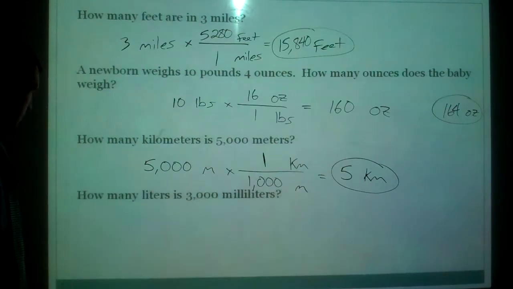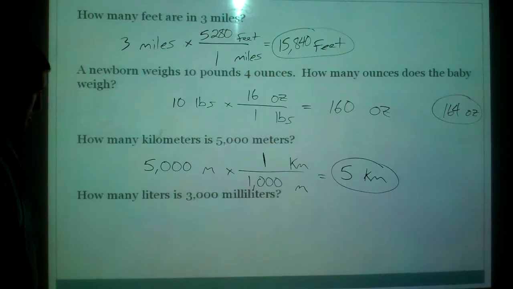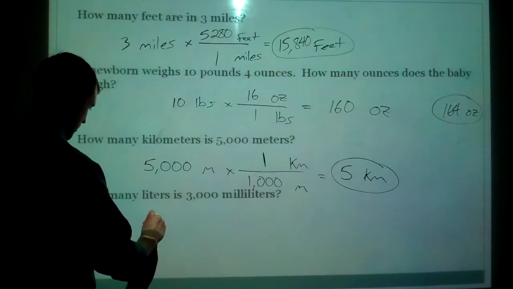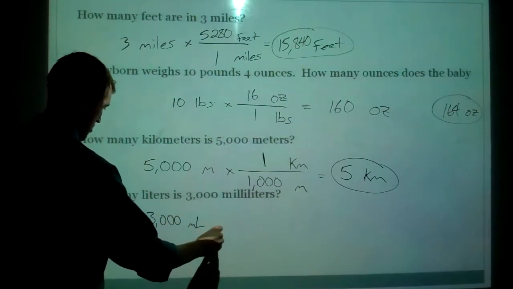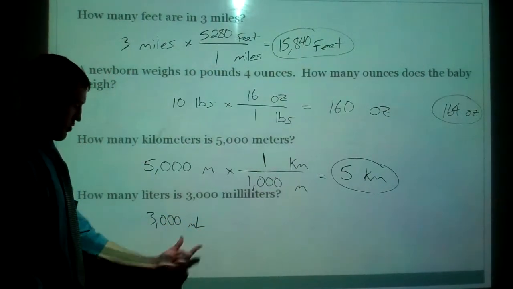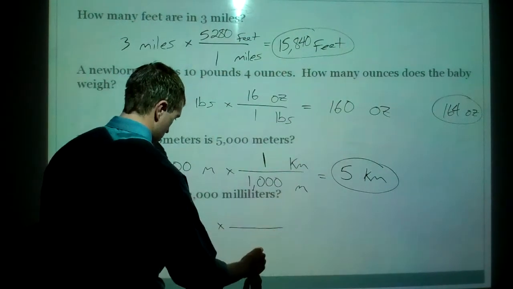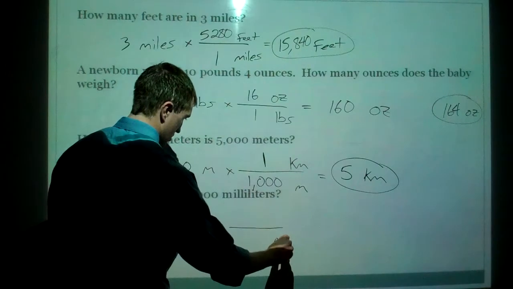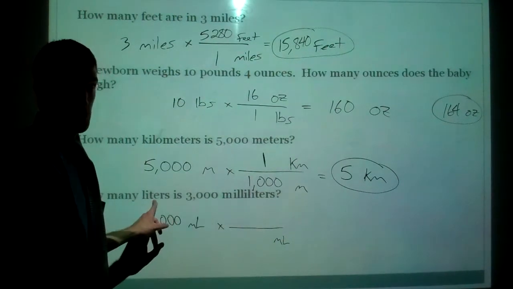Last one. How many liters is 3,000 milliliters? Alright, well, start with 3,000. And once again, we started with milliliters, so that goes on the bottom. It is possible to relate milliliters to liters right off the bat.